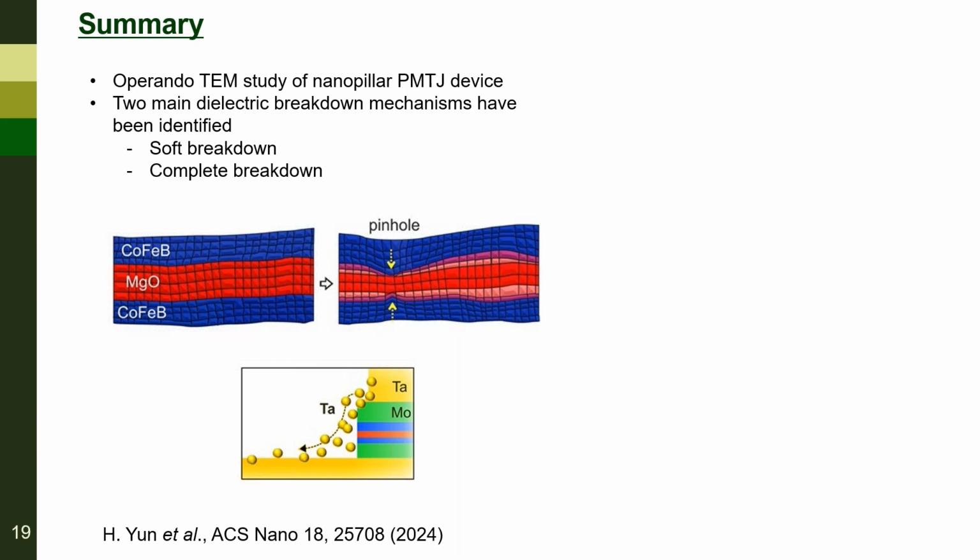And secondly, at the edge of the nanopillar region, the tantalum electrode melts, and that interconnects the bottom and top electrode. So it also decreases the resistance as well.